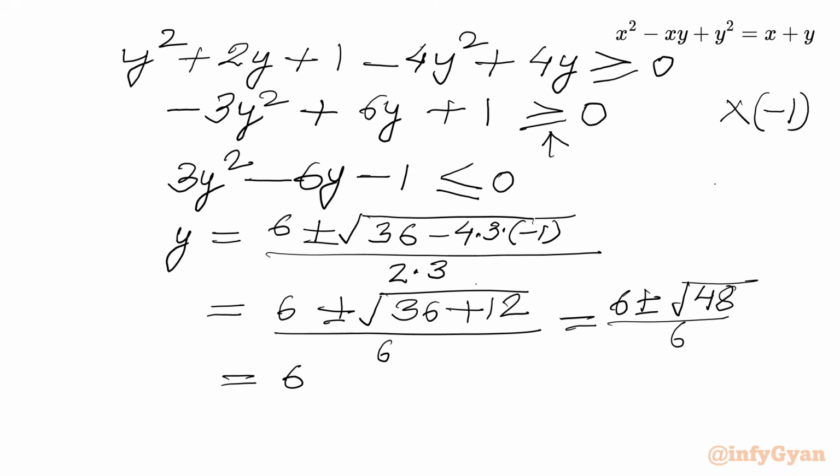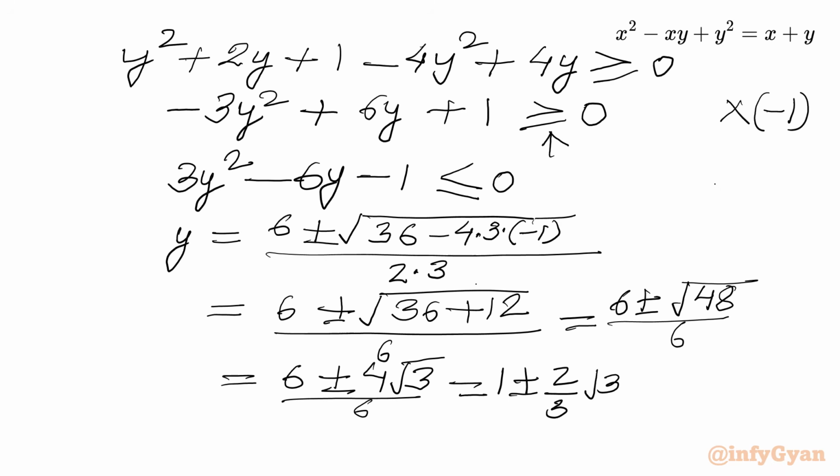So we can write 6 plus minus 4 root 3 over 6, which will be equal to 1 plus minus 2 over 3 times root 3. Now root 3 is 1.732. We are going to put the value and get 1 plus minus 1.154.